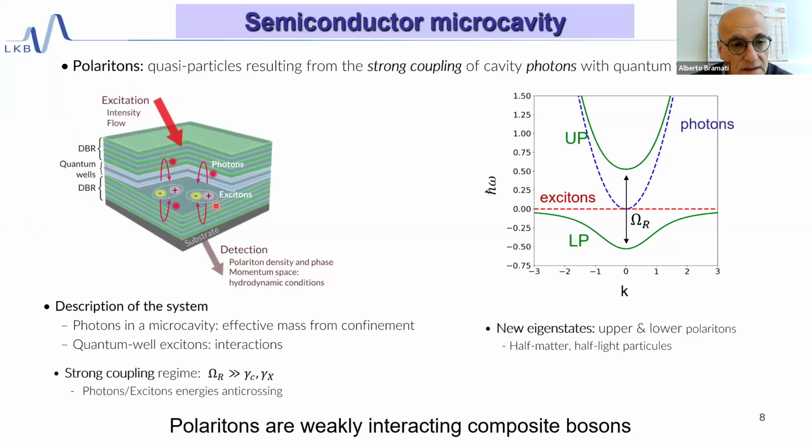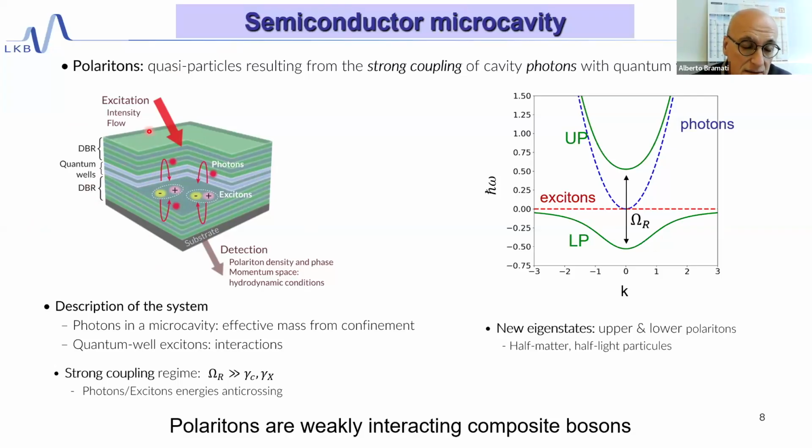And the specificity of this structure is that it is quite easy to achieve the so-called strong coupling regime between excitons and photons.